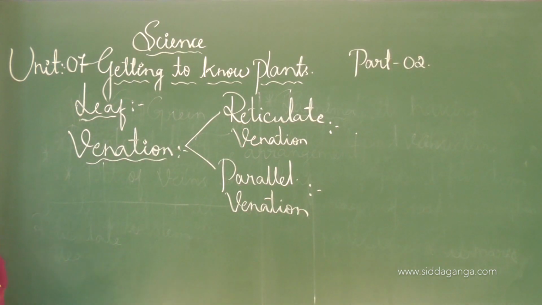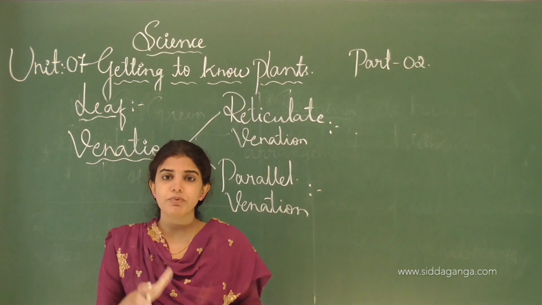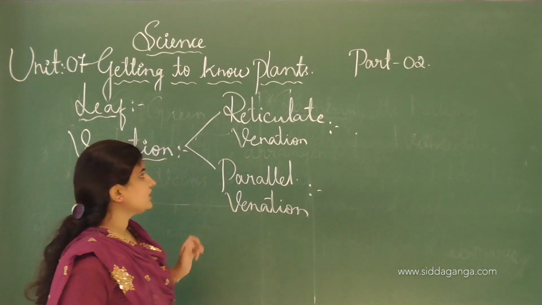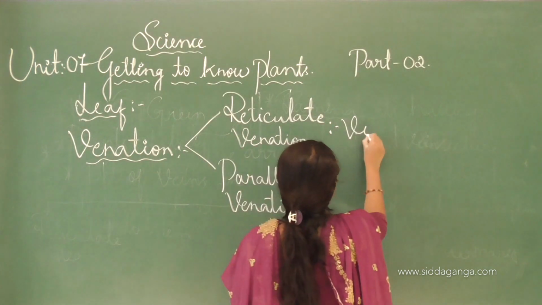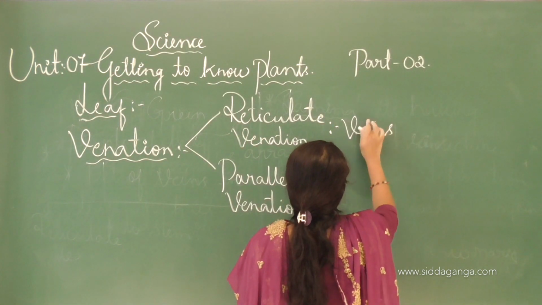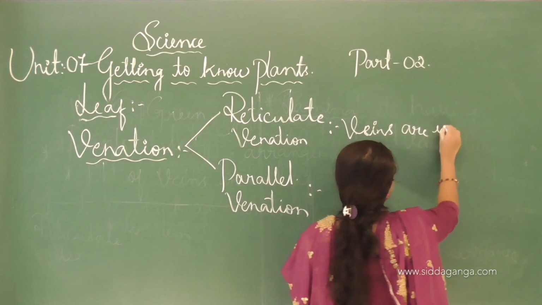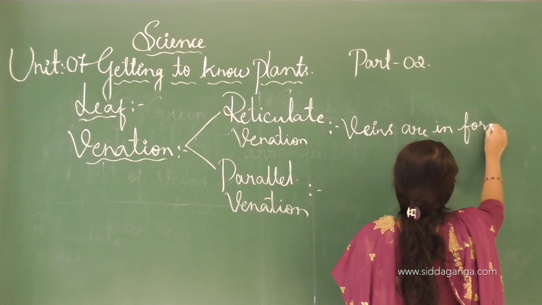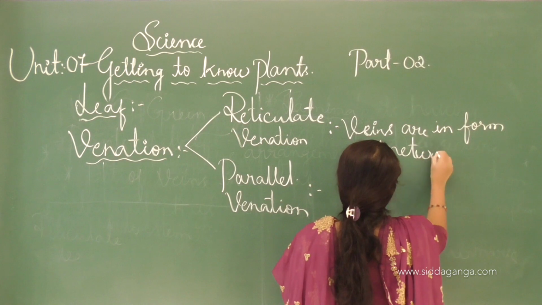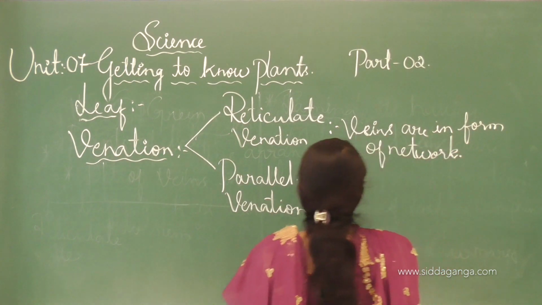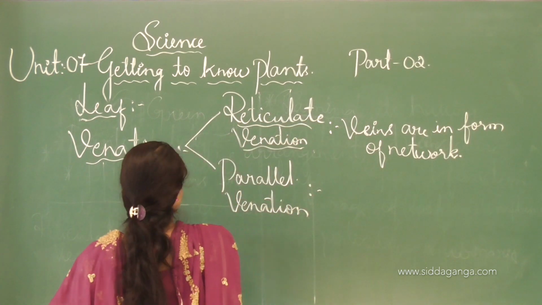In reticulate venation, veins form a network, and such a venation is called reticulate venation.